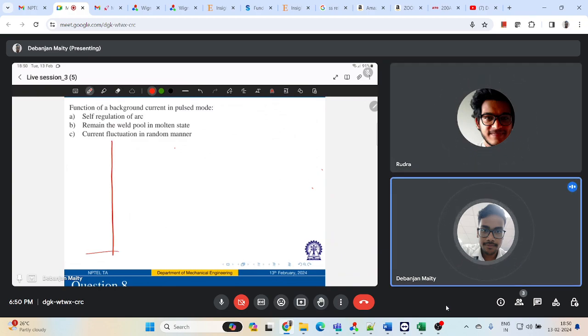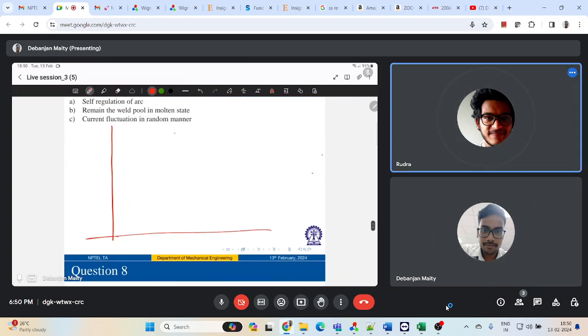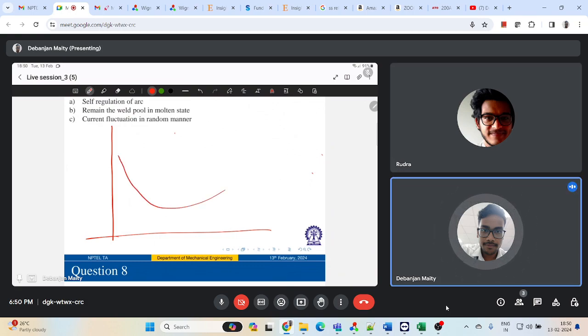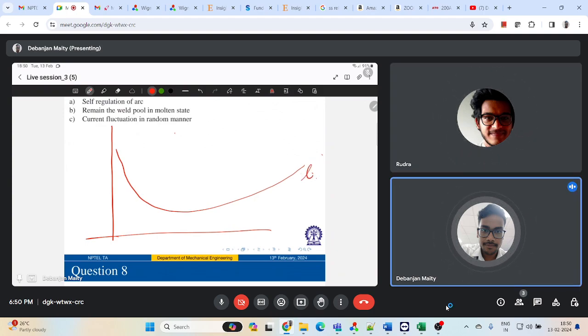Let's say this is my voltage-ampere characteristics. This is one arc length, and this is another arc length.